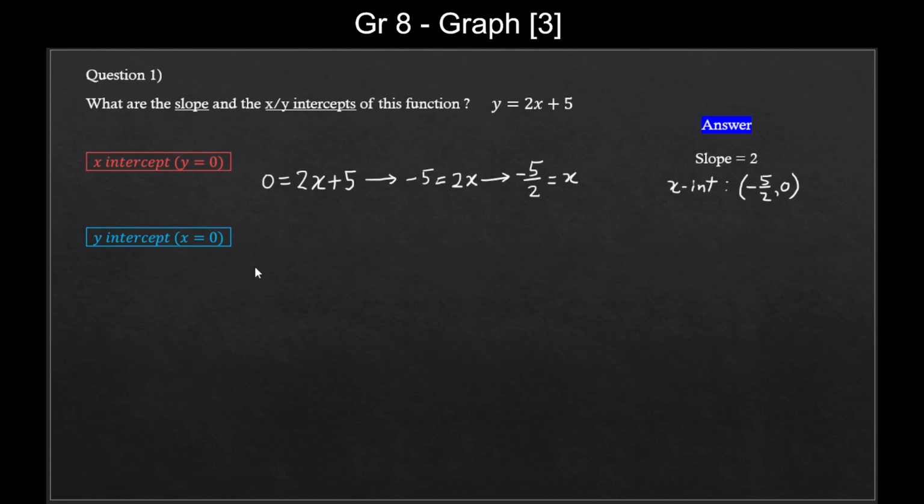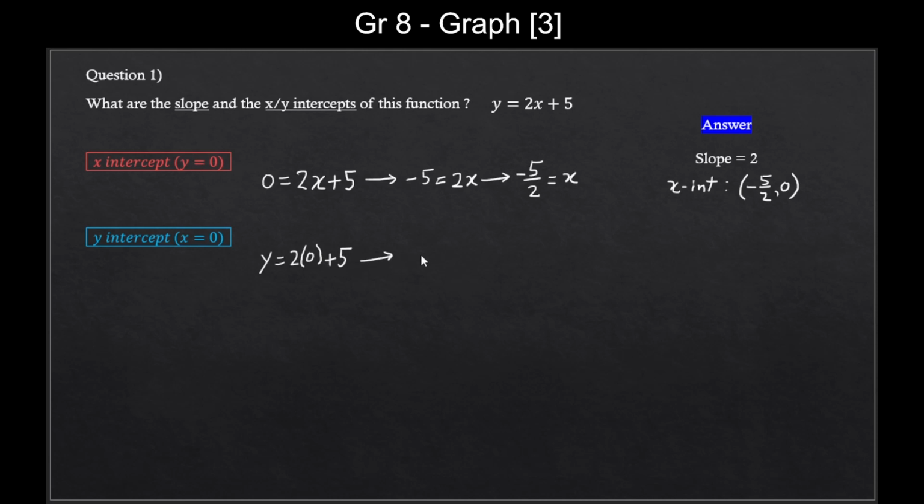When we are finding the y-intercept, we assume x equals 0. Why was that? It was because the dot shouldn't go left or right if it wants to keep touching the y-axis, right? So, if we plug in x equals 0 this time, it's going to be y equals 2 times 0, because x is equal to 0 at this moment, plus 5.